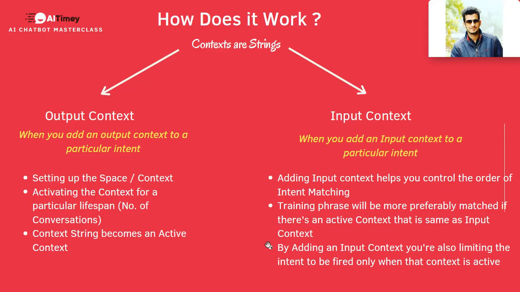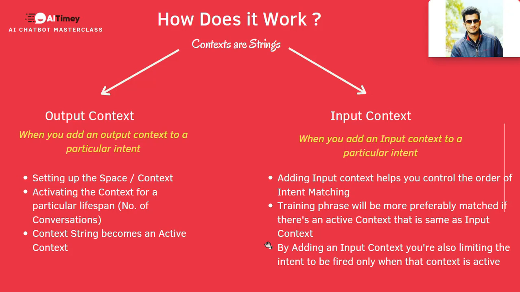We need to understand what output contexts are. What is happening whenever you set up an output context on a particular intent? As you can see in the previous intent, I set up bliss as an output context. What is actually happening once I set up bliss as an output context? This output context is setting up the space. It activates the context, if I would say.